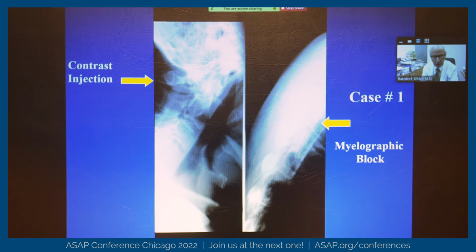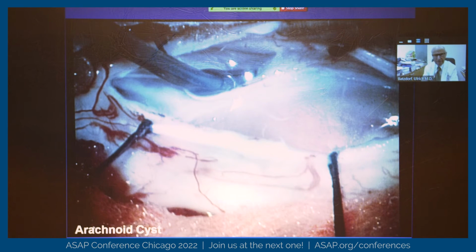And here you can see with contrast injected, there's a blockage above and below. You can actually see, particularly on the picture on the right side, the concavity of the contrast formed by the arachnoid cyst. And here we are showing you the membrane of the arachnoid cyst.